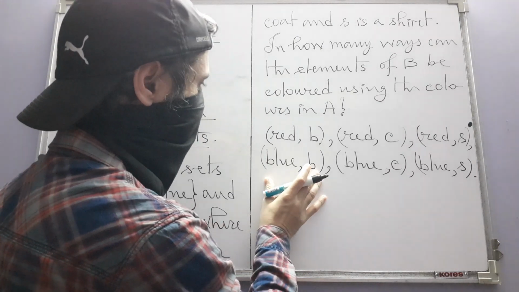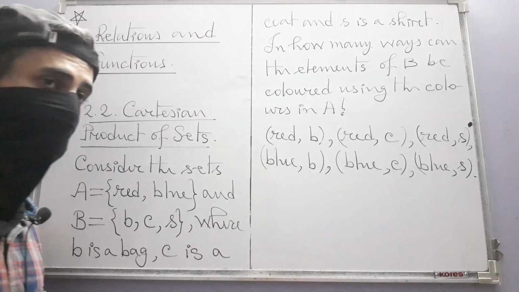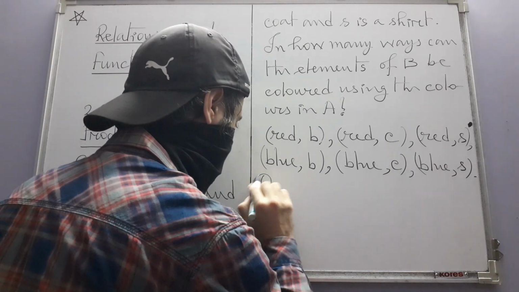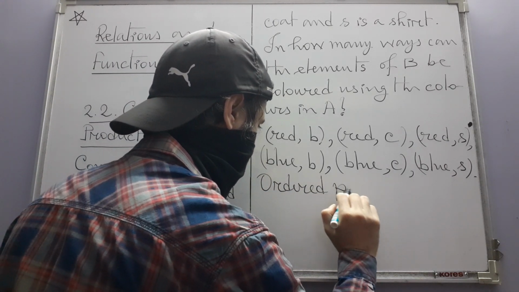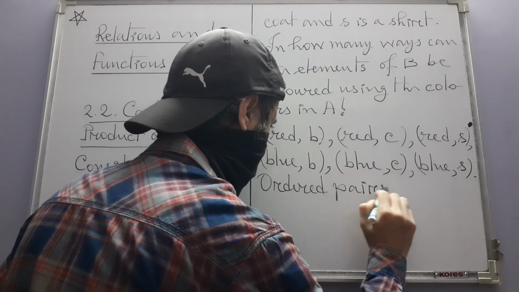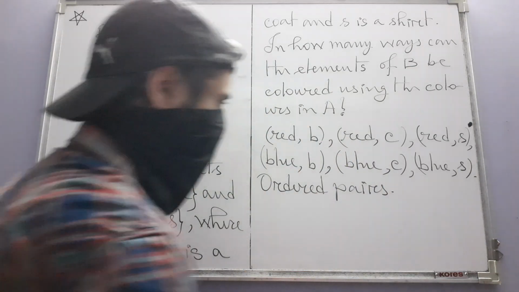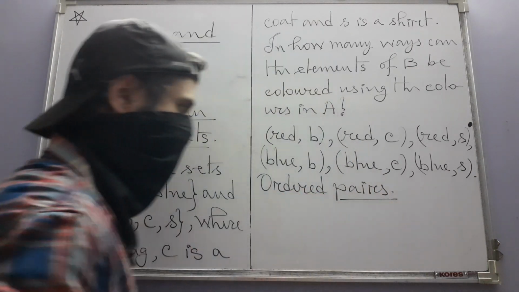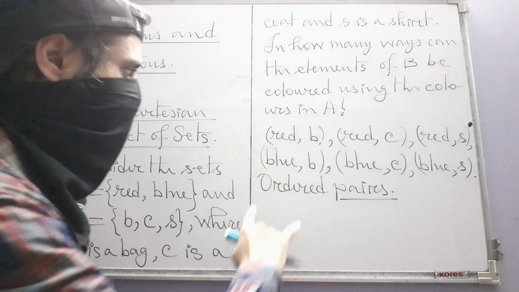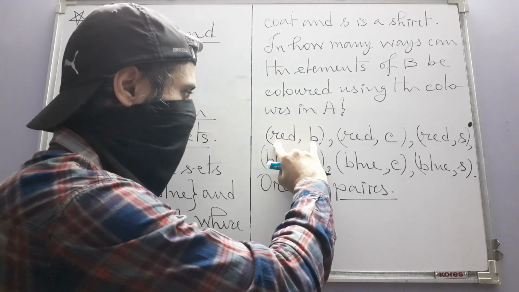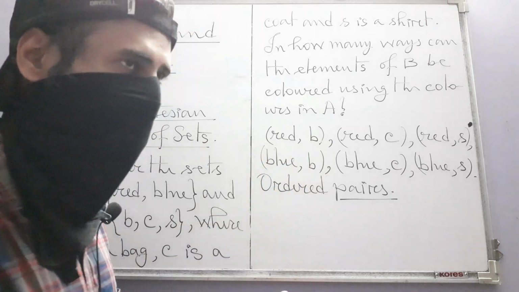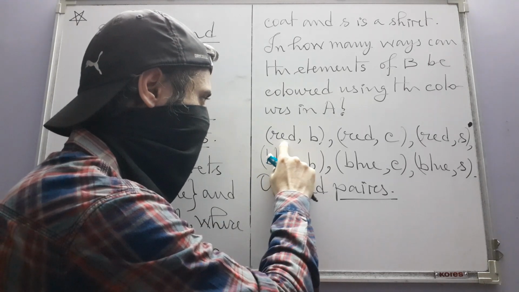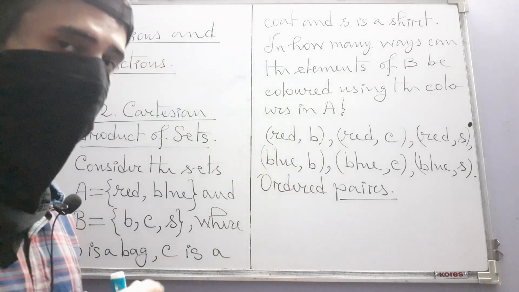Now these pairs are called ordered pairs. The fact that they are pairs is clear because each pair is a collection of two objects. For example, the first one has two things in it, red, a color, and an object bag.